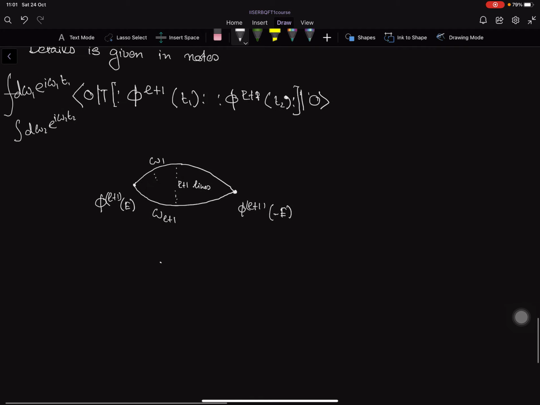From frequency conservation, let's say all of them go in this way, we know that omega 1 plus dot dot dot omega L plus 1 is E. Using this relation, we can get rid of one of these omegas.